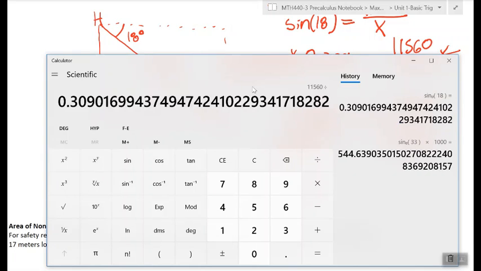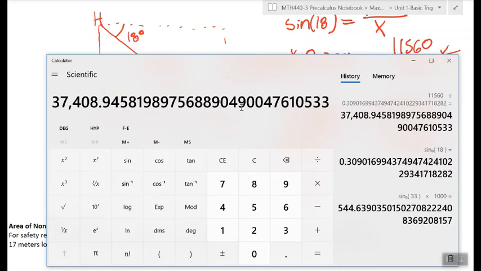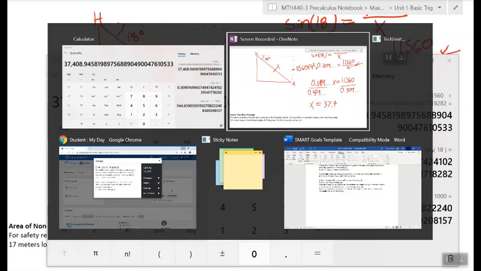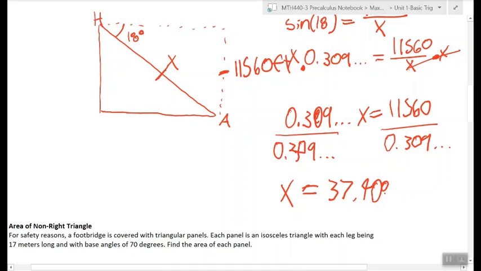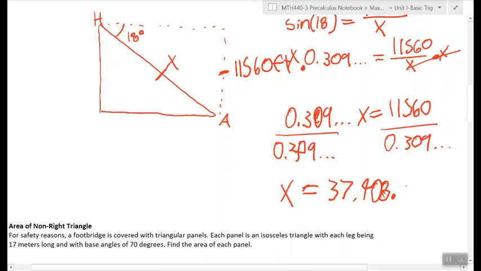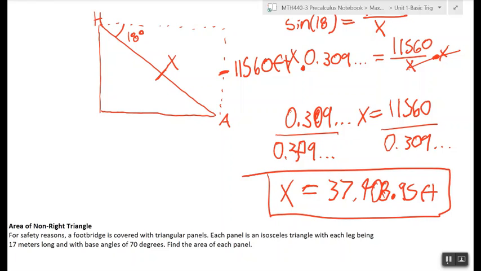Copy and paste that to get 37,408.95 feet. And that's the answer for that one.